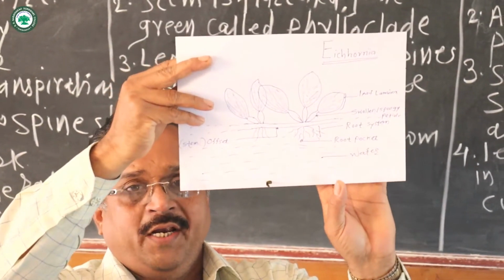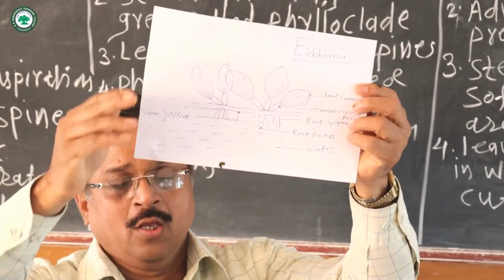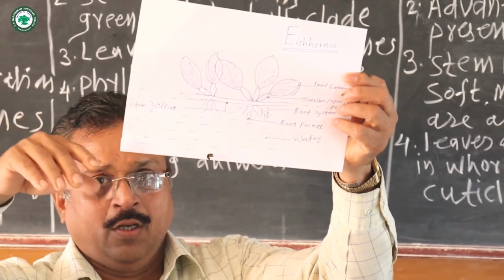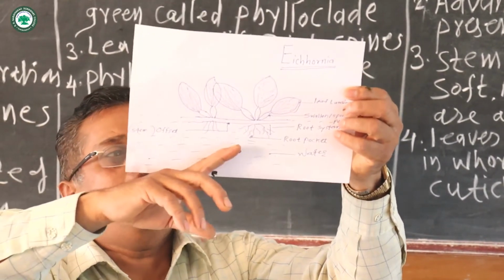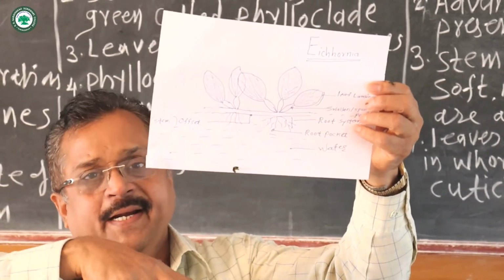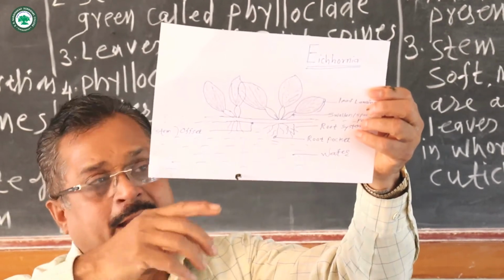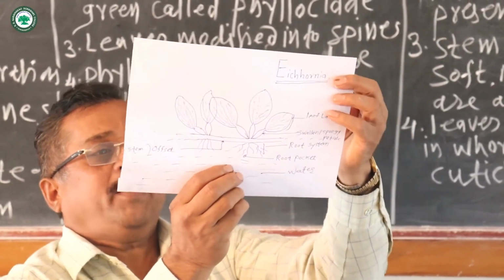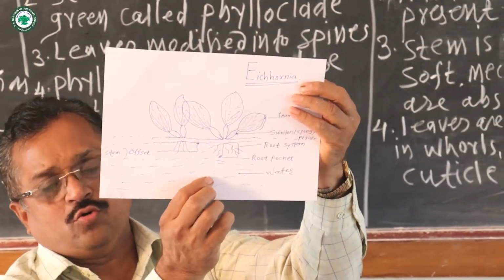Because it is present on the surface of water. It is not attached to the substratum. The roots are adventitious and freely suspended in the water. The root cap is absent, and root pockets are present on the adventitious roots.